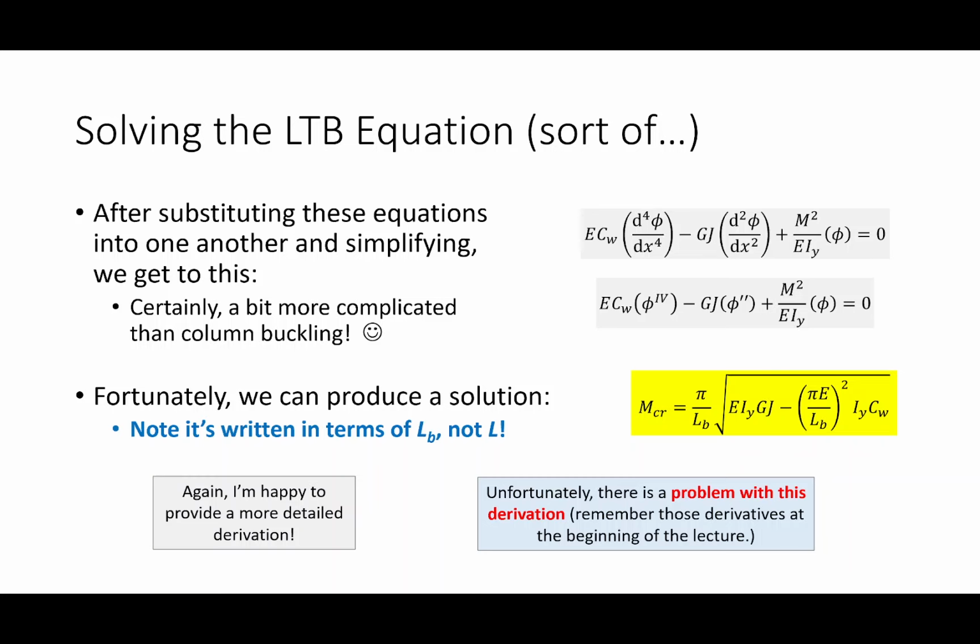Because it's a constant, right? Okay, so let me ask a question about this. Could we factor out E? What is E? 29,000. Sounds like a constant to me, right? So does this pass the constant test? You bet. Same thing right here.